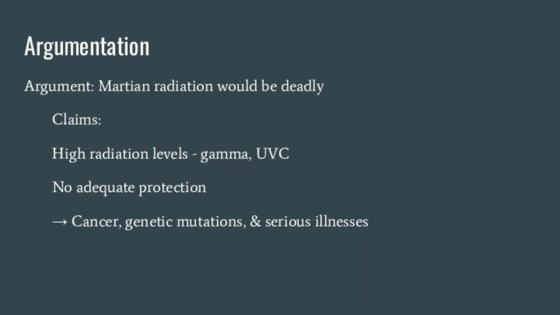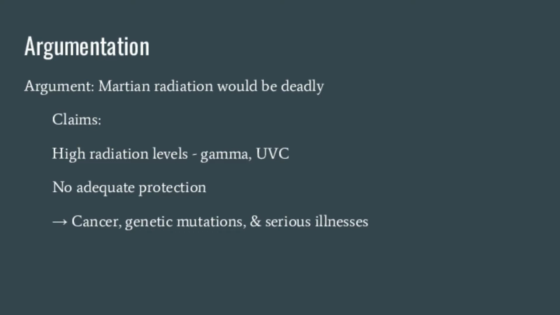So, let's look at supporting argument number one, radiation. This supporting argument is itself kind of a major claim. It's a main claim. And so let's look at this argument. The argument, in at least one body paragraph, will be that Martian radiation is too deadly.